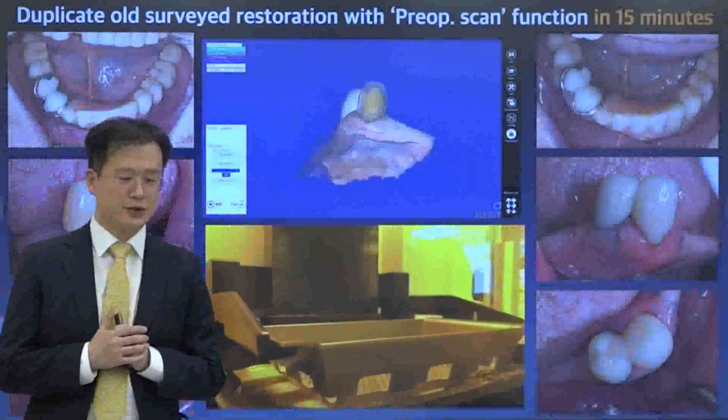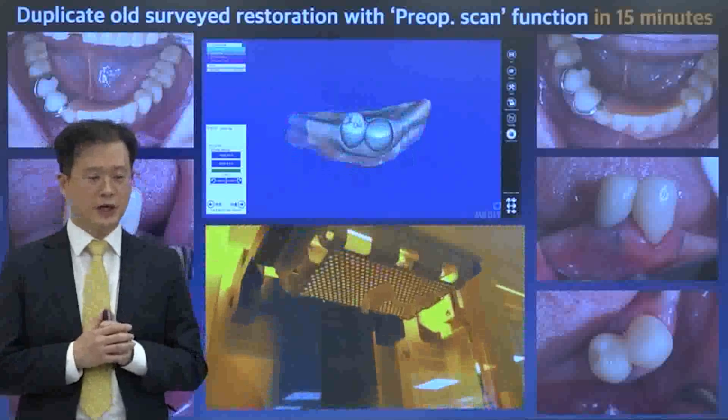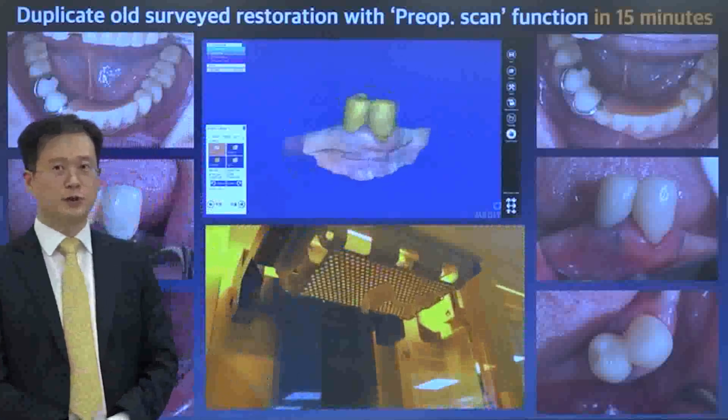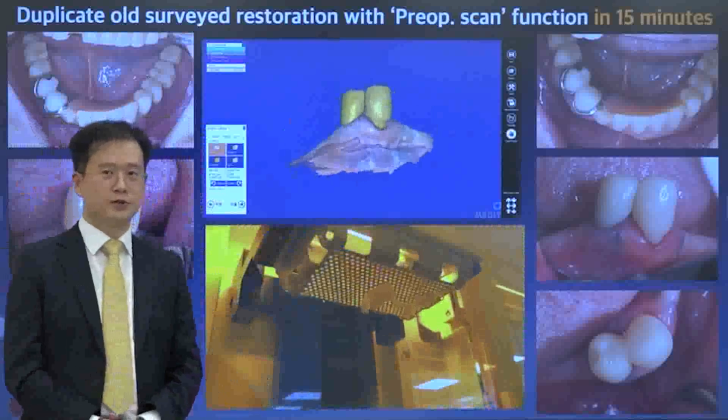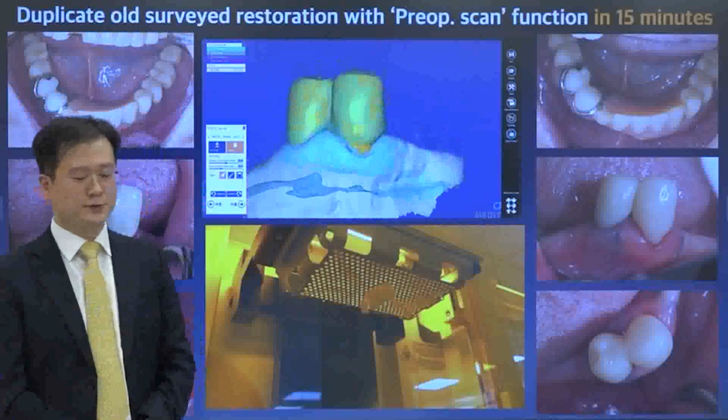A certain company manufactures 3D printers which produce outcomes within 15 minutes. So if you have this one, scanning and provisionalization can all be done in half an hour.